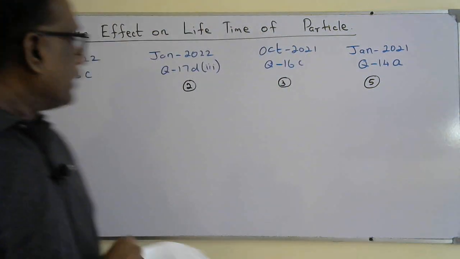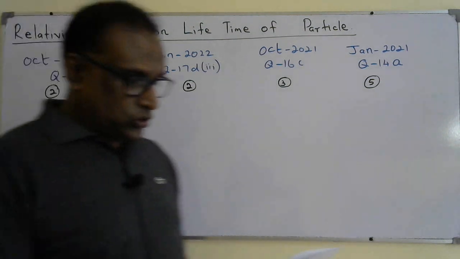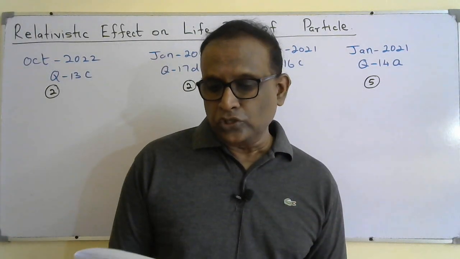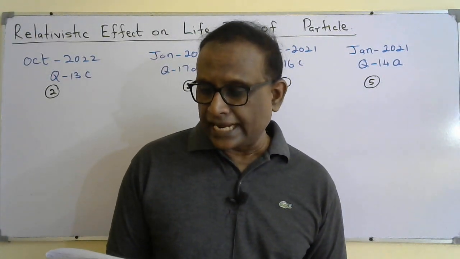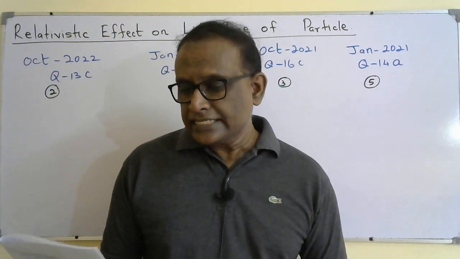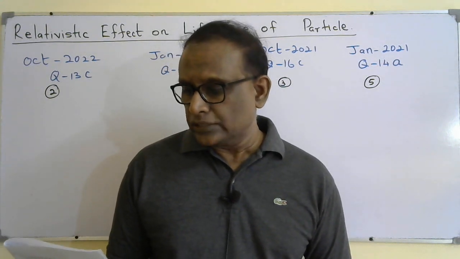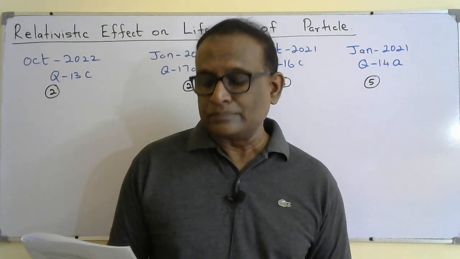I'll read the questions quickly. October 2022, question 13C. It's about a boson. Z bosons produced by high energy collisions can have a range of lifetimes. The Z bosons with the longest lifetimes are those that were moving very fast. Explain this observation.